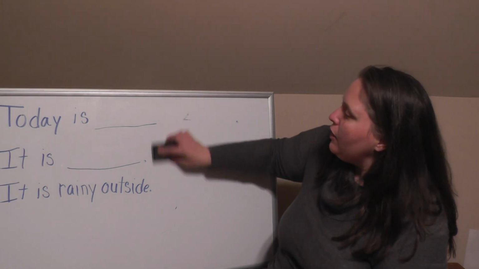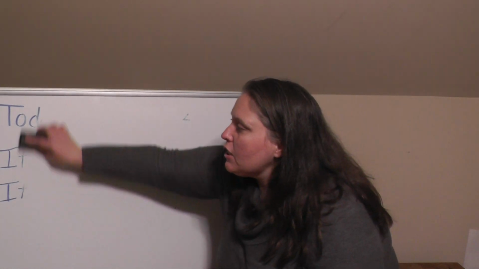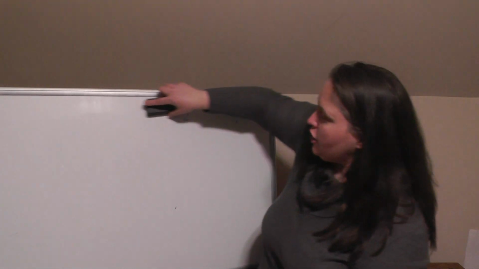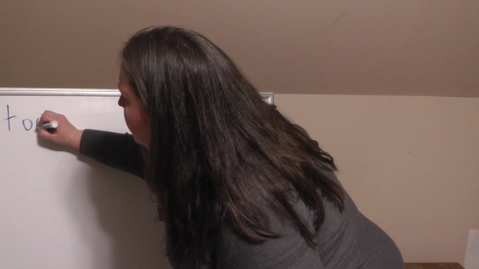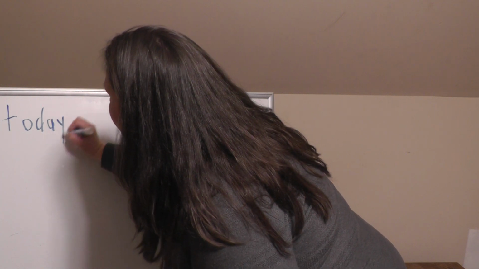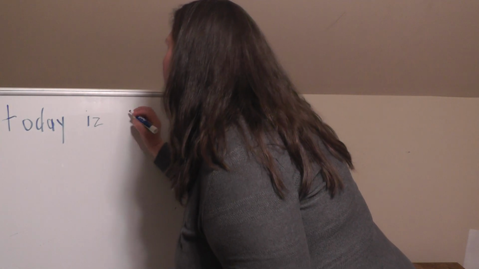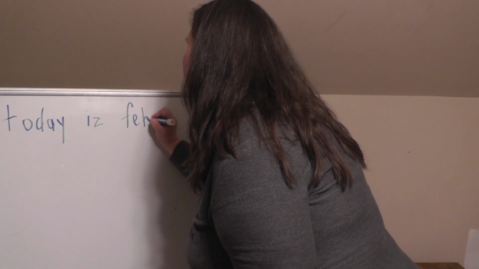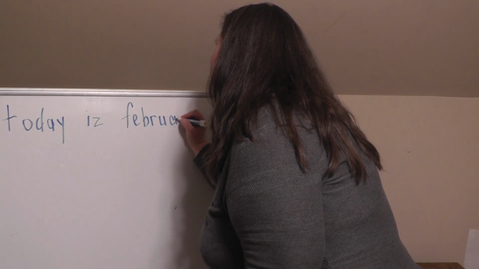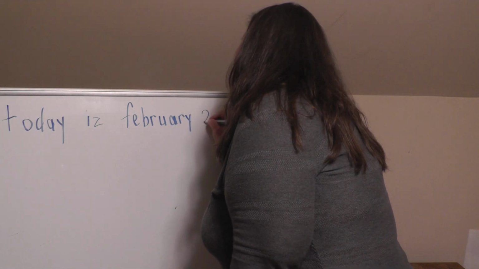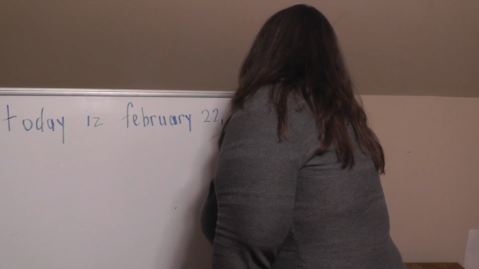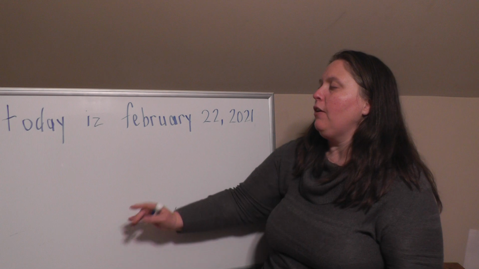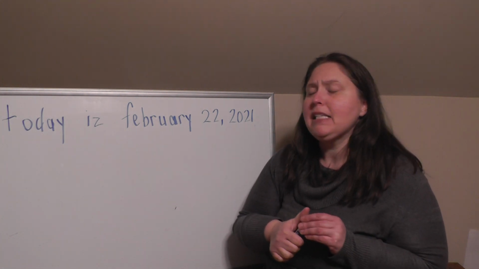And then you can start to change it up a little bit where you are working on some grammar concepts. So if you misspell it or do things that are wrong, like writing "today is February 22nd, 2021" incorrectly, and you would do the same thing with the other sentences, you would say, oh my goodness, I made some mistakes.